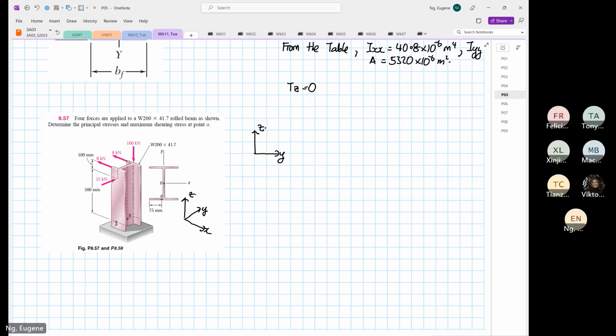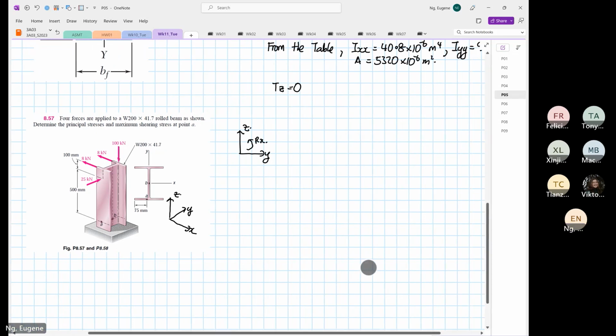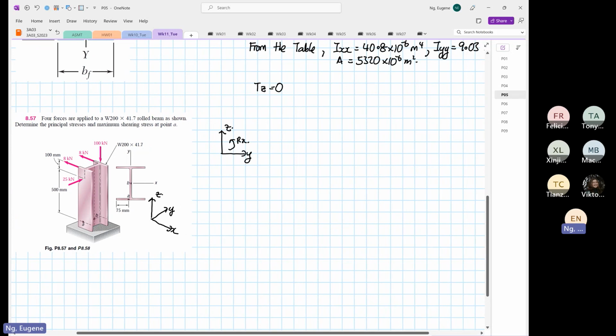Y, this is Z, rotation in X. Okay, so we have the whole thing. Okay, so I'm just going to sketch this out.